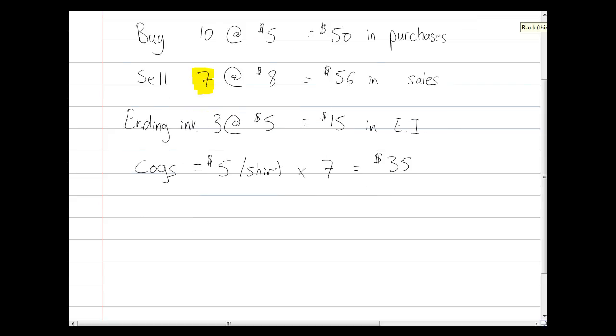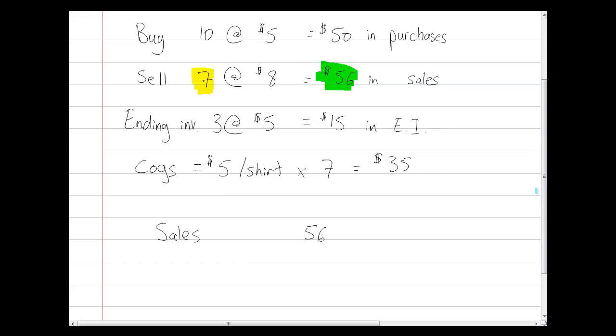Now that we've calculated our cost of goods sold, we can figure out how much money we ended up making during the month. So we're going to start off with our sales. So for our sales, well, we sold 7 shirts at $8, which gave us total revenue of $56. So our sales is going to be 56. And then we're going to basically subtract our cost of goods sold, which is how much it cost us to buy the t-shirts which we sold for $56.